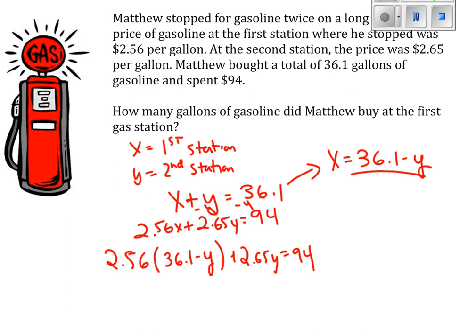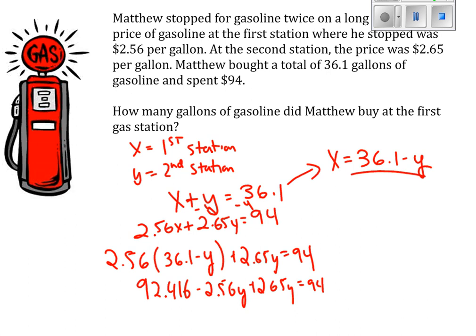So a little work on the calculator gives me 92.416 minus 2.56y. So I'm going to take 2.65y minus 2.56y.